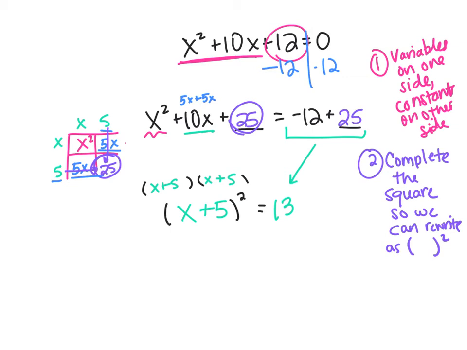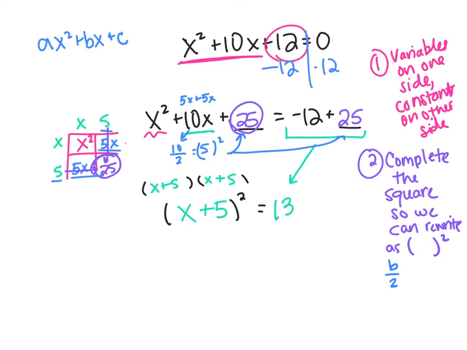But notice, if we're looking for something to add to itself, essentially what we're always going to have to do is take this middle value, divide it by 2. So that's really where that 5 came from. So a lot of times you'll see b divided by 2. Think ax squared plus bx plus c. And then what we do with that number to figure out what adds to both sides is we square it.